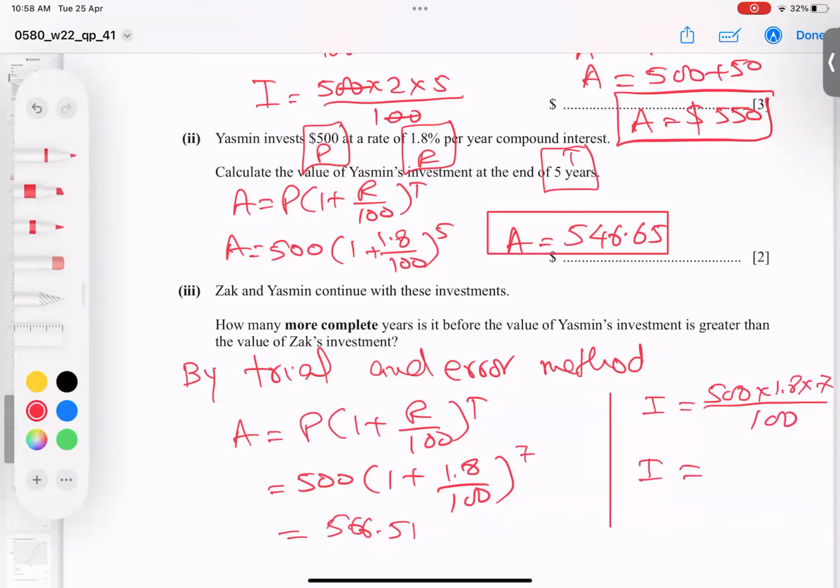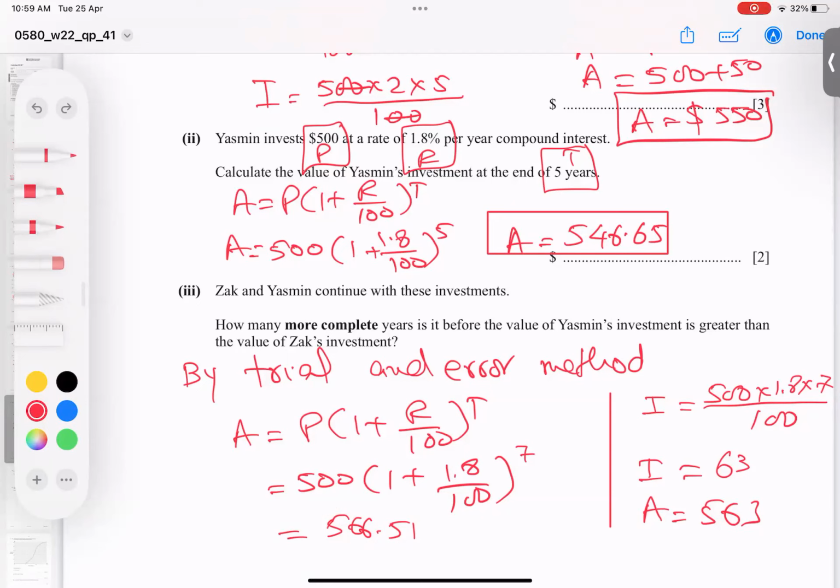So check both with 7: T equals 7 here and T equals 7 there. Let's see what happens. 500 times 1.8 times 7 divided by 100. The answer is 63, and plus the money added: 63 plus 500, I'm getting 563. Yes, for 7 it is crossing.